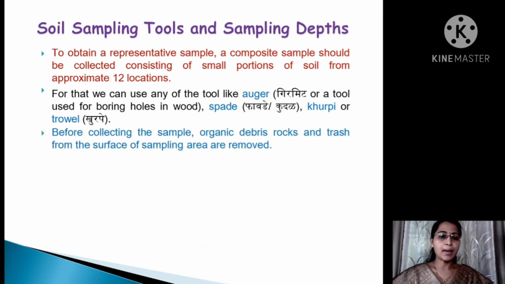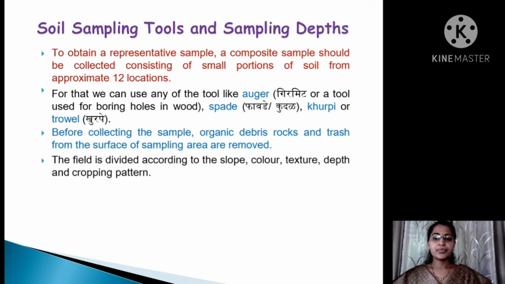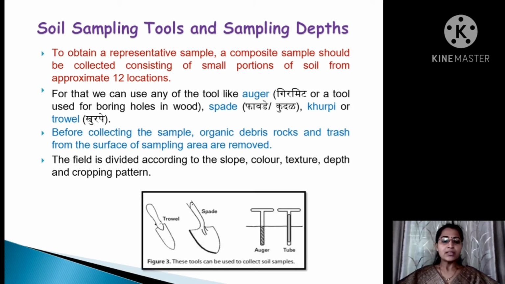Before collecting the sample, organic debris, rocks and trash from the surface of sample area are removed. The field is divided according to slope, color, texture, depth and cropping pattern. Now, these are some of the tools used for collecting soil samples.